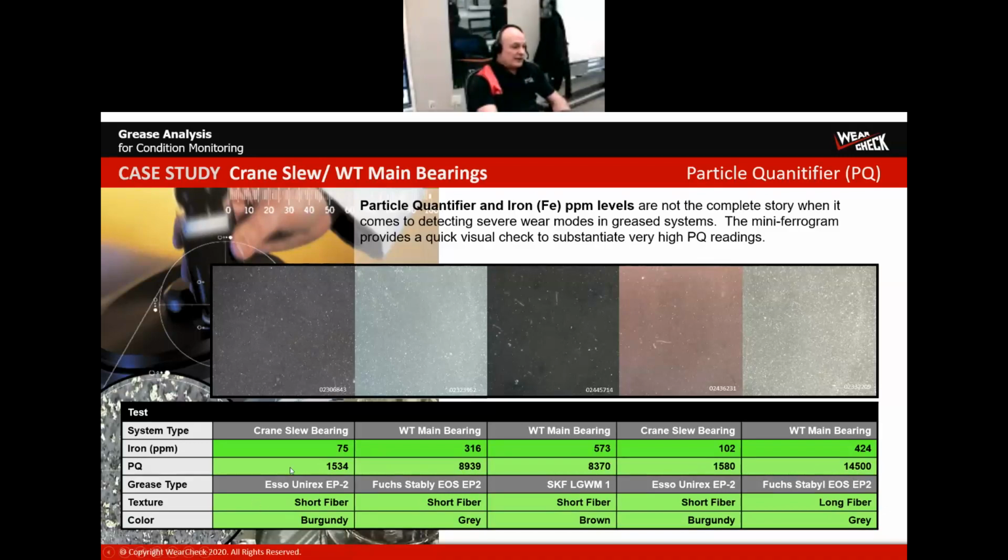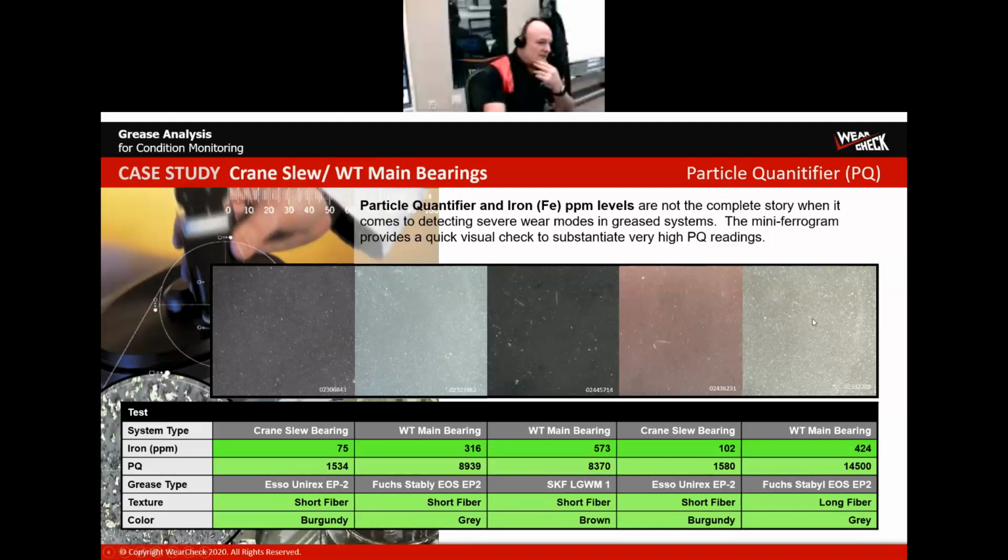So if we were just looking at the iron ppm levels and PQ, we probably would be a little overreactive. But when we look at this mini ferrogram, our consistency grease test that we've now put under a metallurgical microscope, we can see that in almost all cases, these bearings tend to produce very fine wear debris.